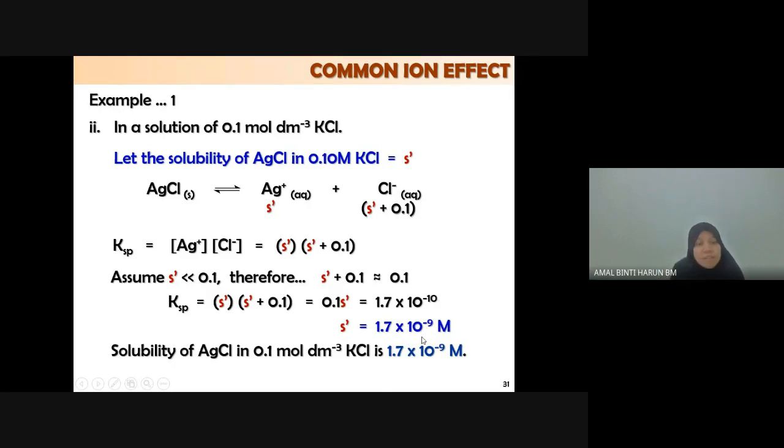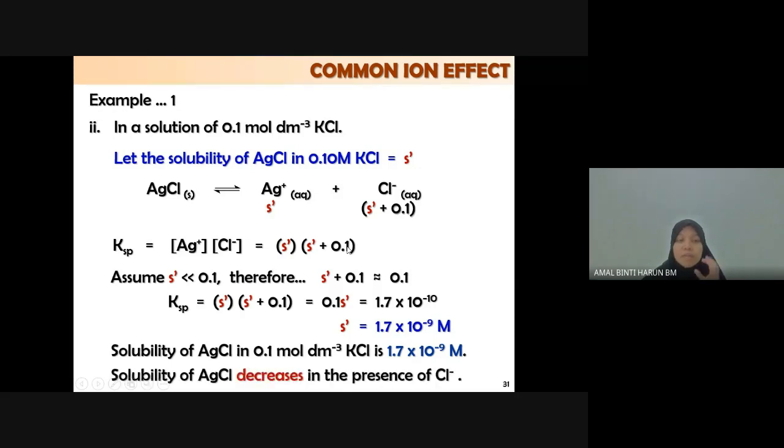Exponent negative 5 tadi dalam air, dalam larutan garam exponent negative 9. That means solubility of silver chloride di dalam potassium chloride sangat rendah berbanding solubility silver chloride di dalam pure water.